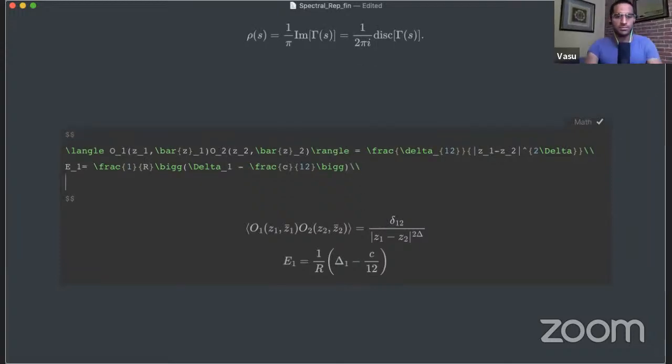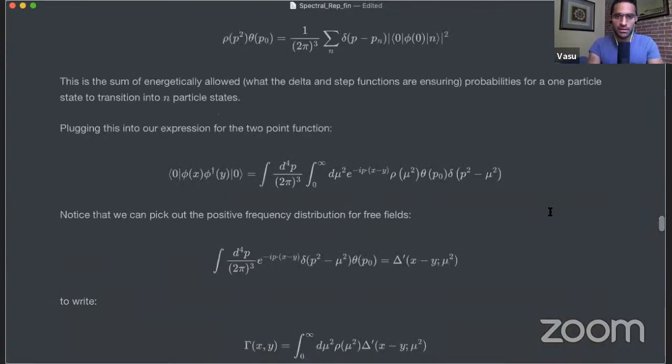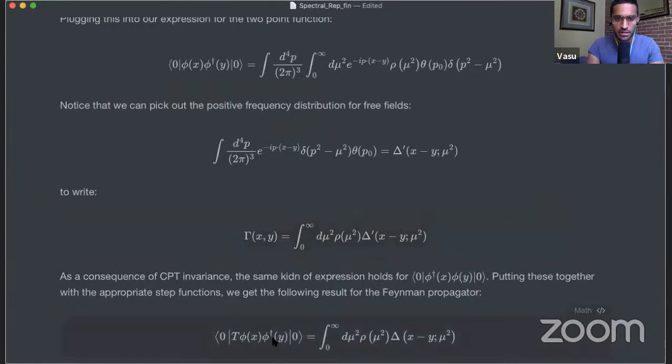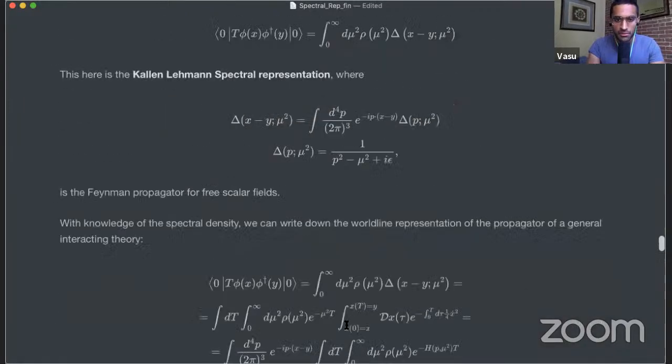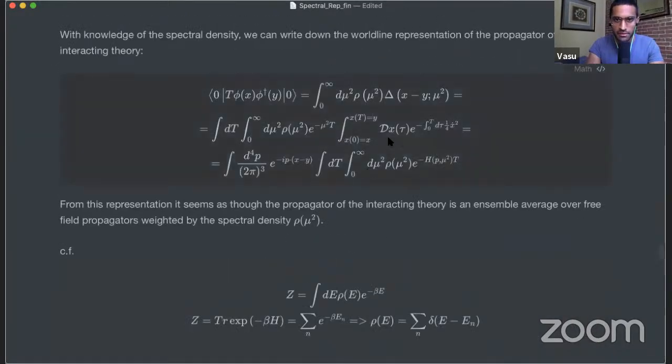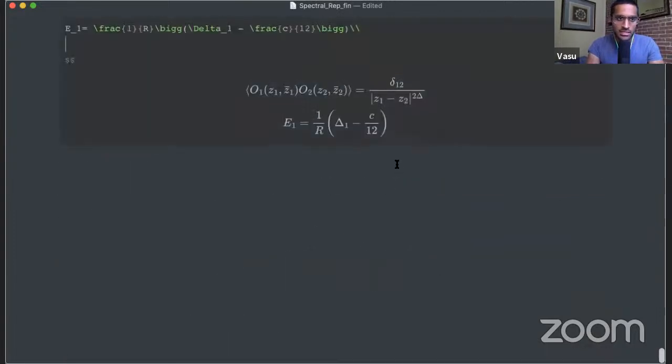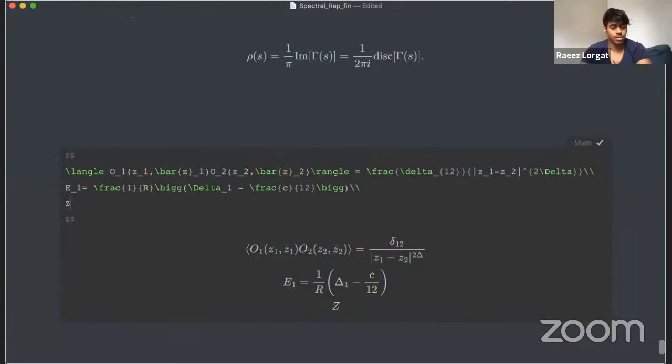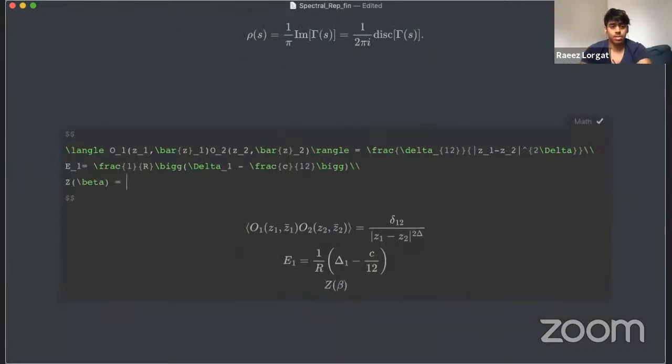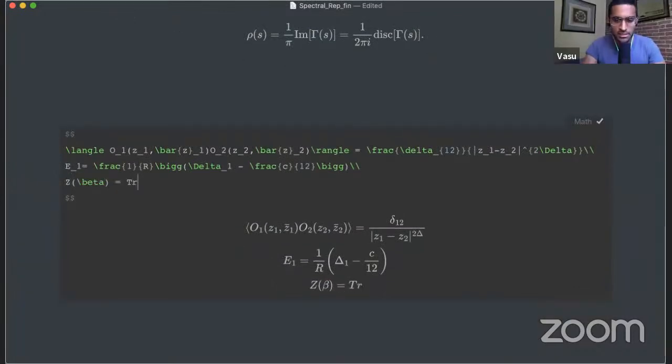Now, what is the bookkeeping device that knows, what's the analog of our friend here? When we write it in the worldline formalism, we have this, and that is going to be the partition function. It's going to be trace, or sum over n of e to the minus beta E_n.